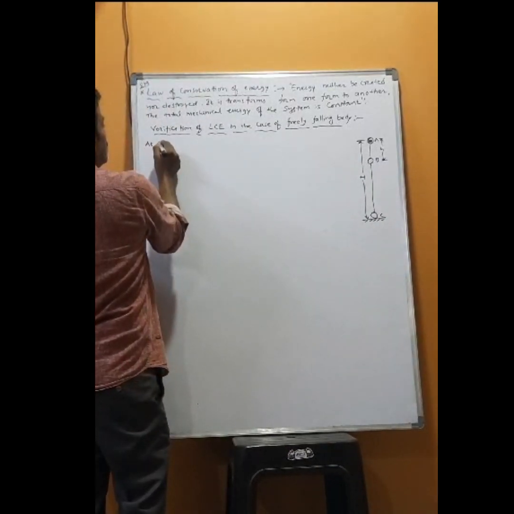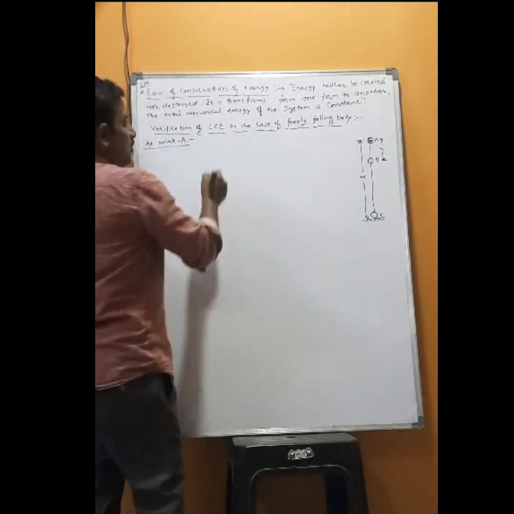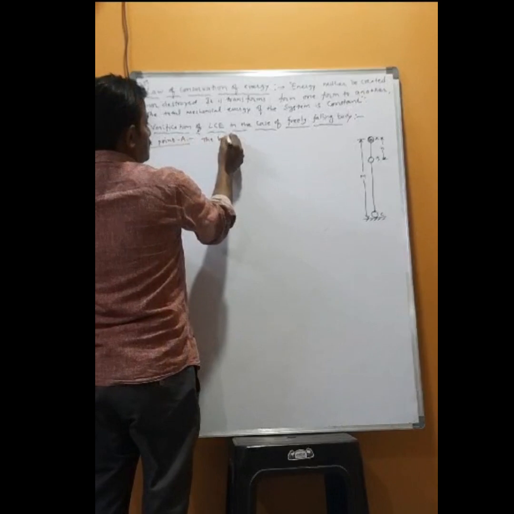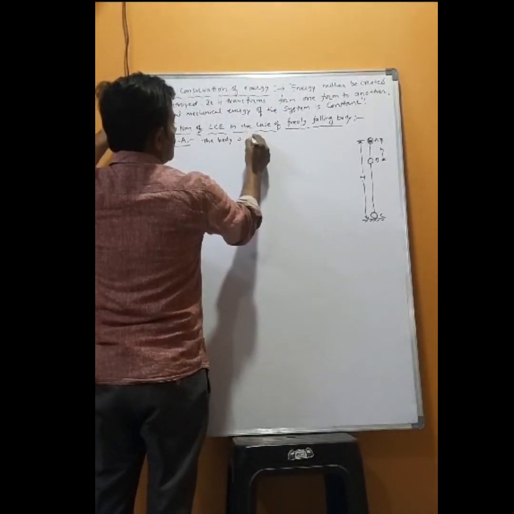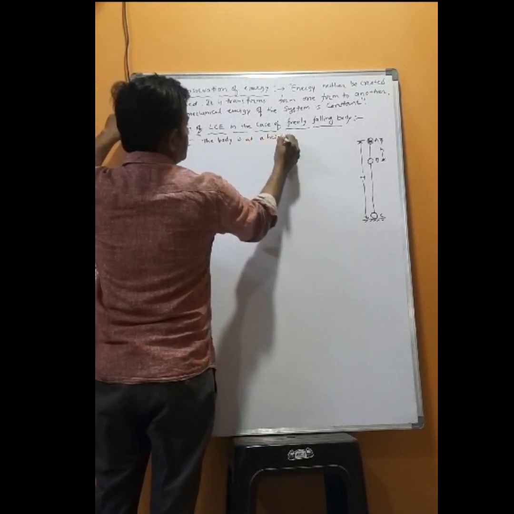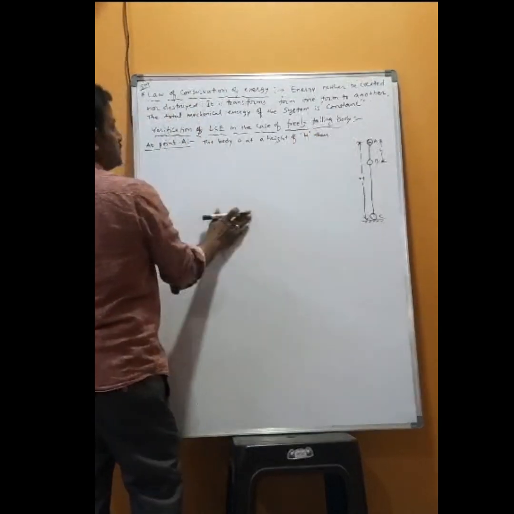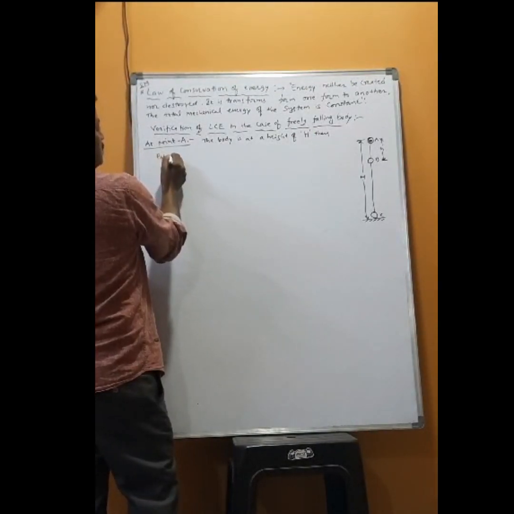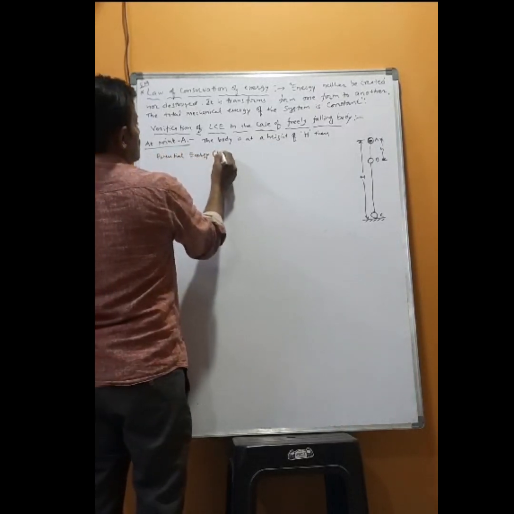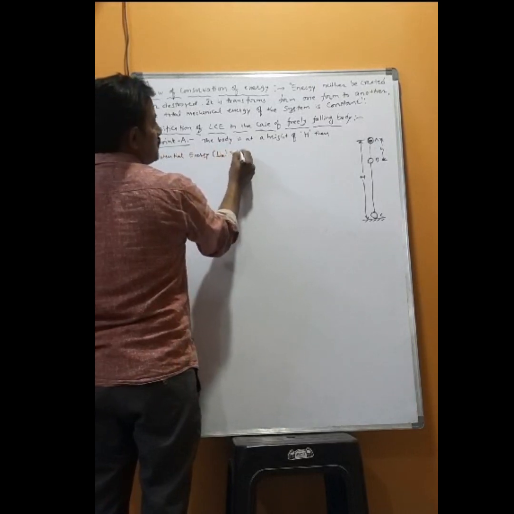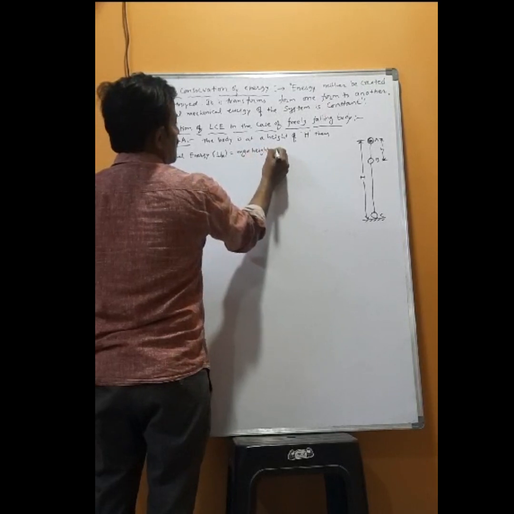At point A, the body is at a height of H. Then the potential energy U at A is equal to mg into the height of the body.